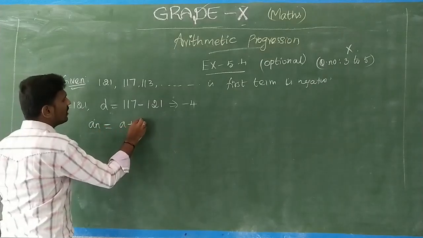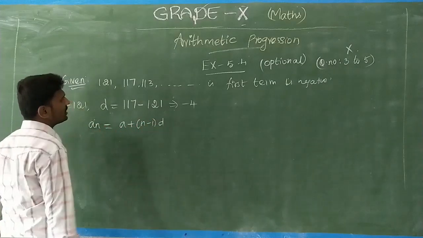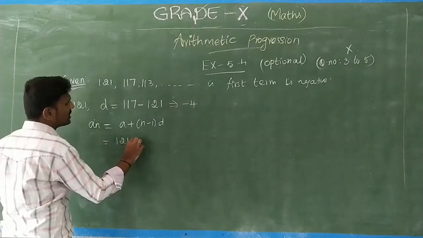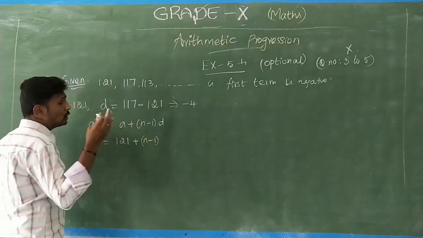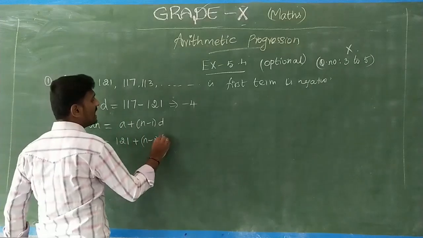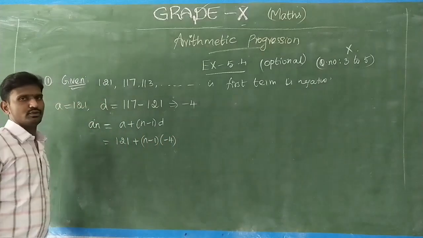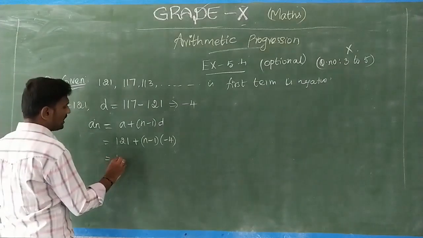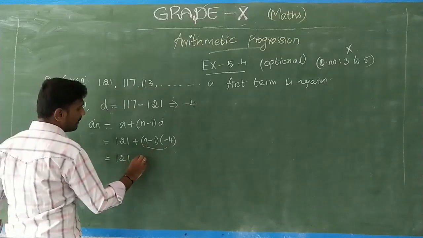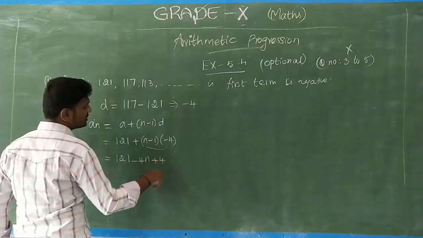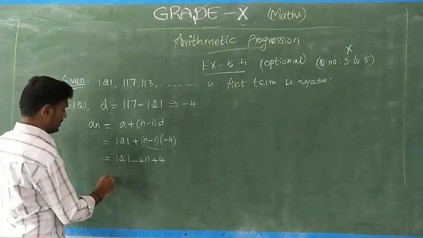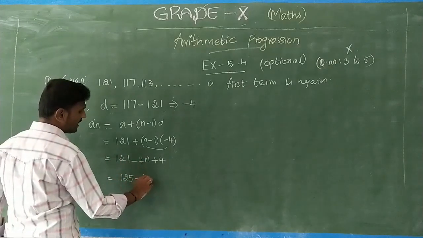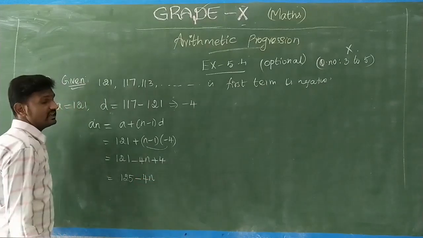You have the formula An equals a plus n minus 1 into d. The value of a is 121, n we don't know so just write it, and d is minus 4. Multiplying minus 4 inside the bracket, we get 121 minus 4n plus 4. So 121 plus 4 is 125, minus 4n.